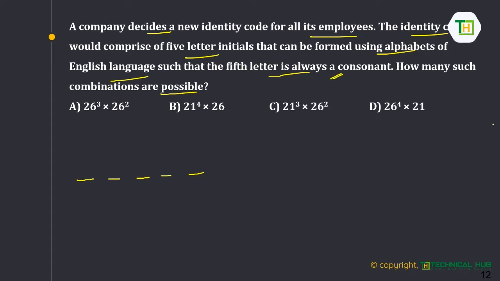So you know English alphabets are total 26. Out of 26, 5 vowels are there and remaining 21 consonants. Okay. So in the question they have not mentioned that the letters cannot be repeated, so here repetition is allowed.